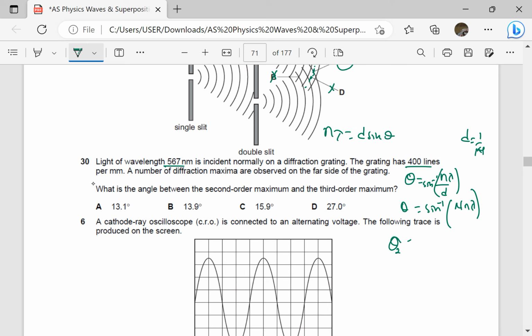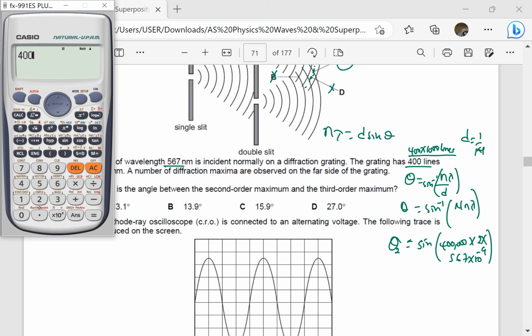For the second order, theta 2 is going to be sine inverse of N. They gave us 400 lines per millimeter, which is 400 times 1000, so that will be 400,000 lines per meter. n is 2, and lambda is 567 times 10 power negative 9. 400,000 times 2 times 567 times 10 power negative 9 gives us 0.4536.